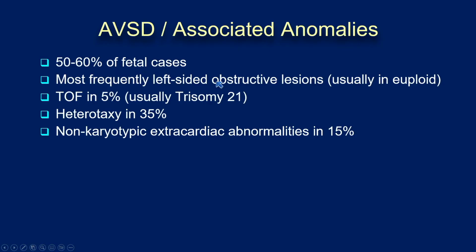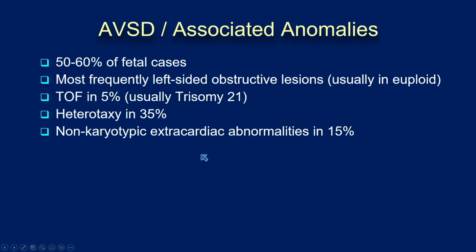Most frequently left-sided obstructive lesions, which I explained to you a little bit the reason why, the elongated outflow tract. Tetralogy of Fallot, I mentioned. Heterotaxy is in 35%. If we have an AVSD, we will find heterotaxy as the underlying cause, so also very important to make your situs assessment properly and see what sort of associated lesions you have.